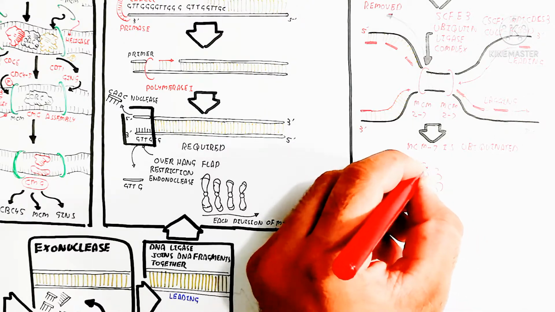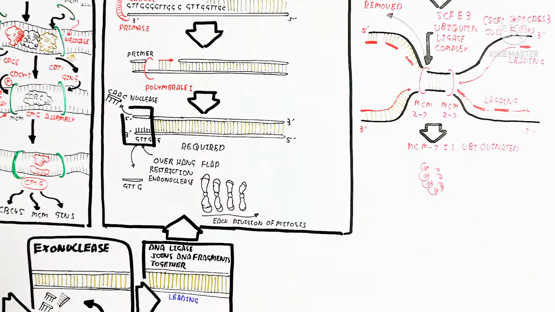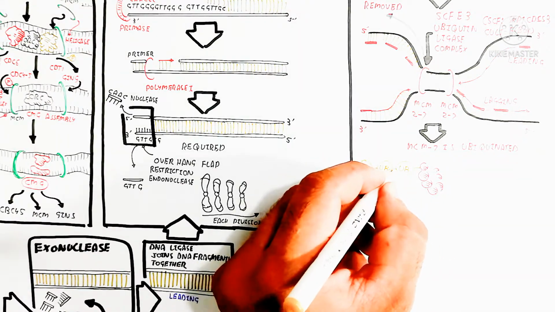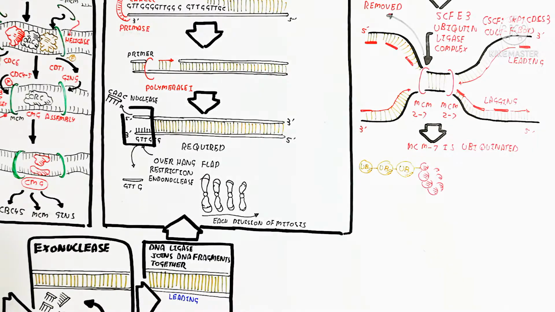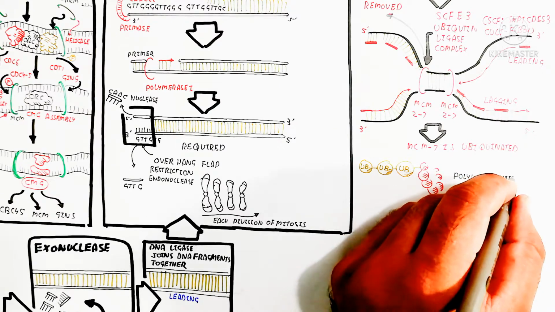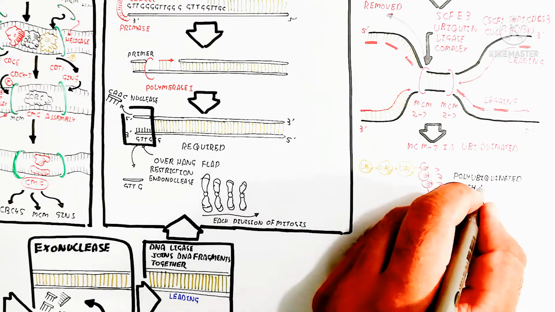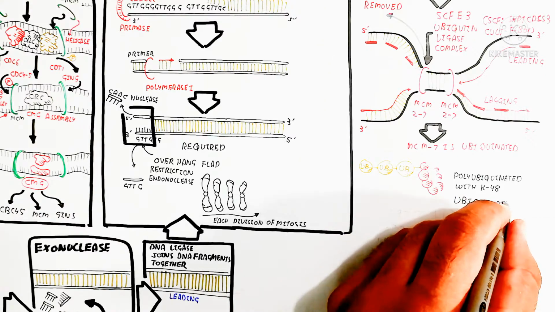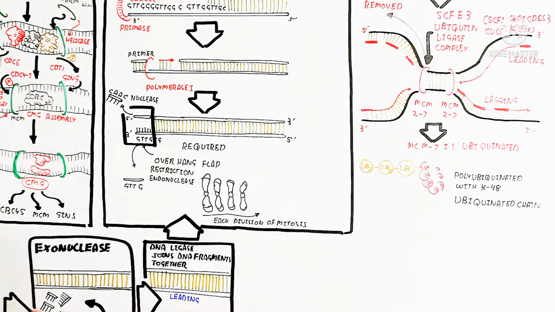So here the leading strand and lagging strand will occur. MCM7 is ubiquitinated, and after this it is polyubiquitinated with K48. So the ubiquitination looks like this, and then the P97 remodeler protein is added.